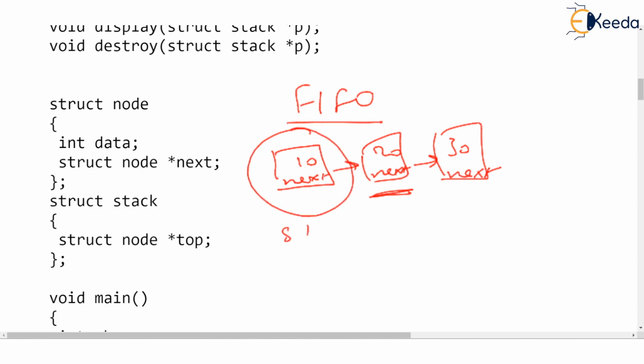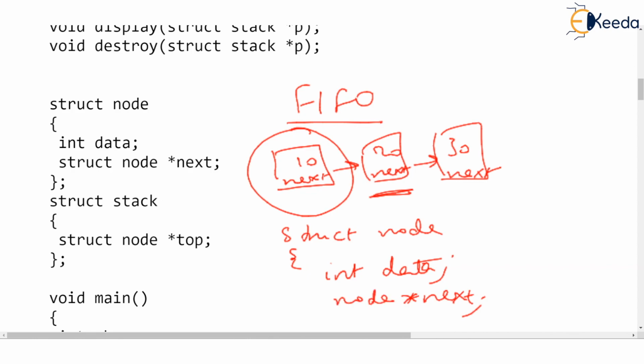In that case, we'll declare struct node, and in the node we have int data and a pointer called next. But this next pointer is nothing but a node pointer, because next is pointing to a node, where node itself is a structure. So as far as declaration is concerned, the node declaration for a queue is the same as the node declaration for a stack.